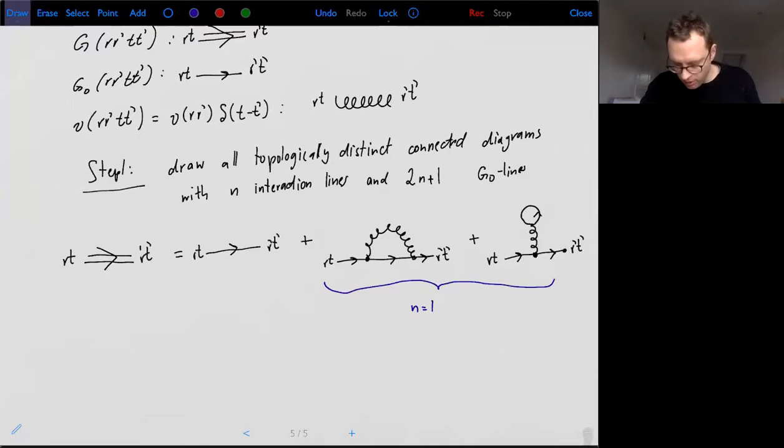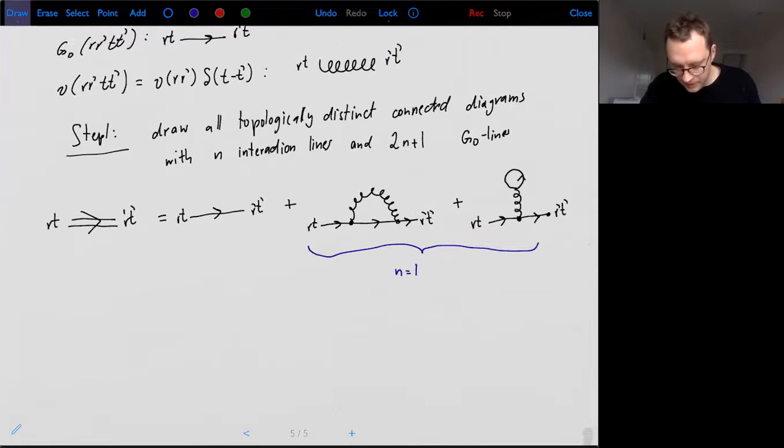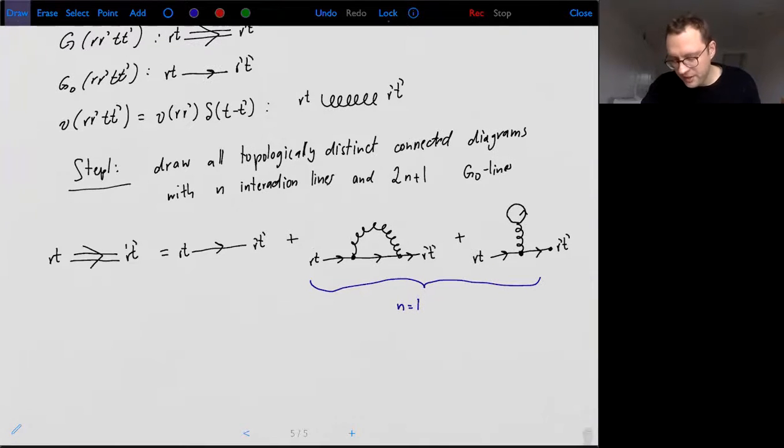Let me also draw the n equals 2 diagrams, but let me first go back to these rules. So in what sense are these topologically distinct, and in what sense are they connected? So as I said, connected means that I can draw these diagrams without my pencil ever leaving the paper. So they don't separate into 2 distinct pieces.